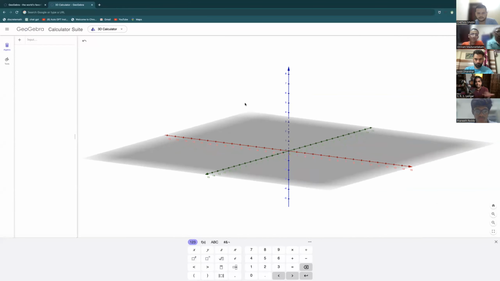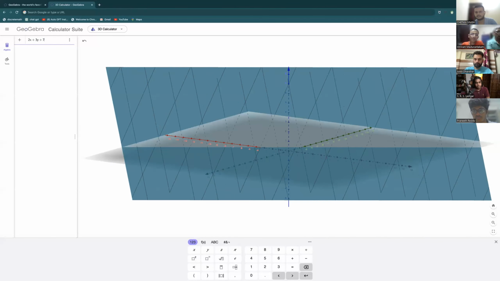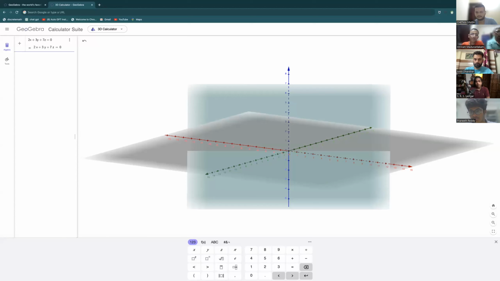The XY plane, as you know, is like R2 sitting in R3. We're adding an extra dimension. Right? Okay, perfect. So I will put a plane here. You all know how to include a plane. 2x plus 3y plus 7z is equal to 0.